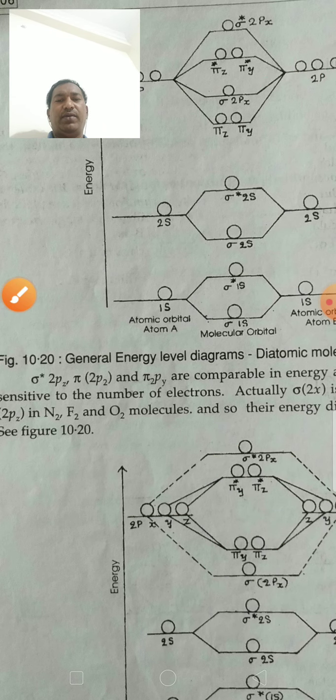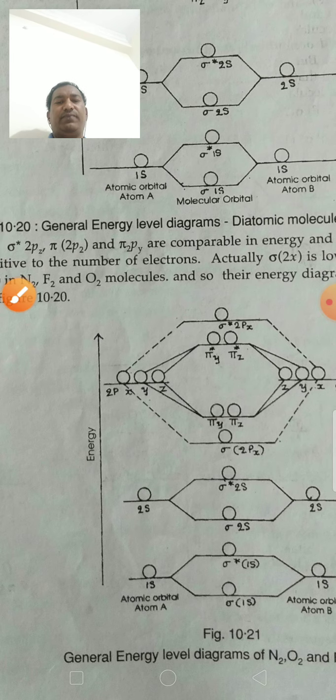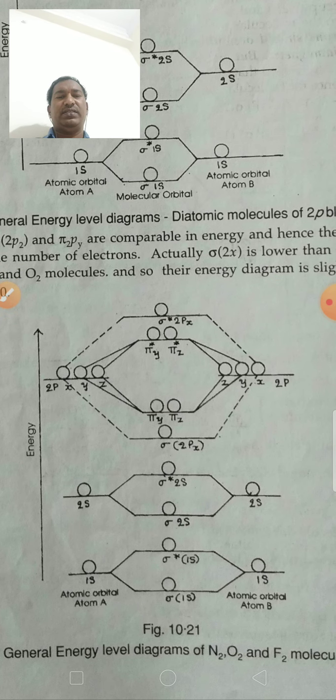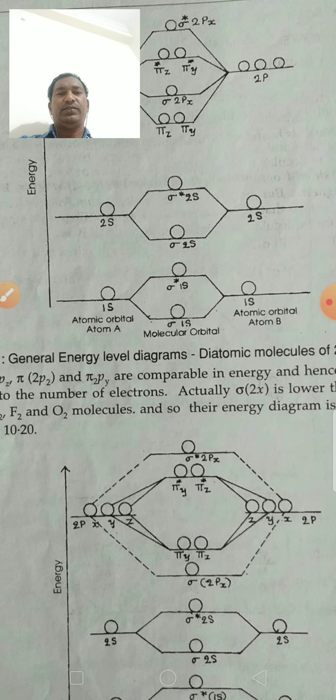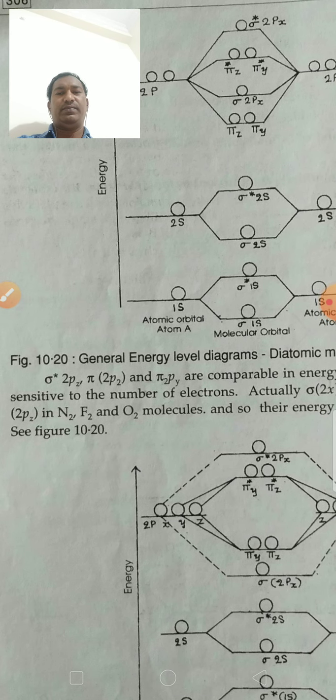The symmetrical molecular orbital diagram is for nitrogen, oxygen and fluorine molecules. Boron, carbon, nitrogen and so on follow this molecular energy diagram.